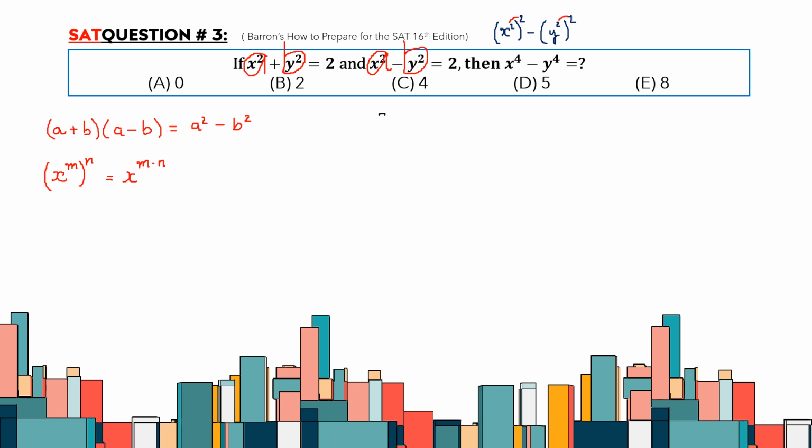Okay, let me write down. If we have a equal x squared, b equal y squared, we can see that a squared is the same thing as x squared all squared, and b squared equals y squared all squared.